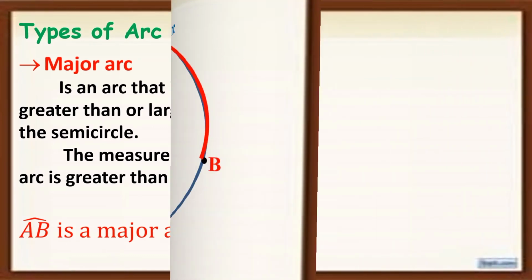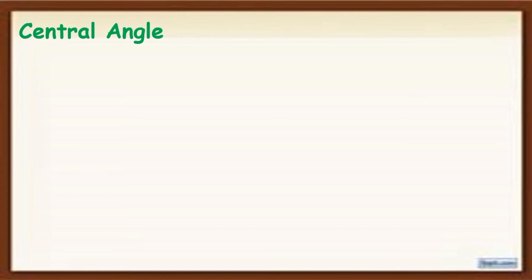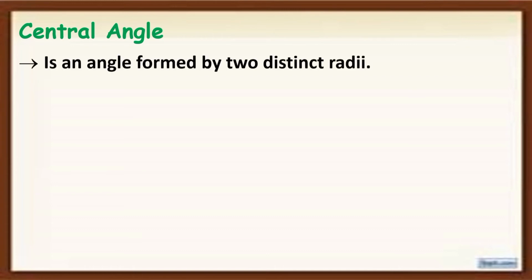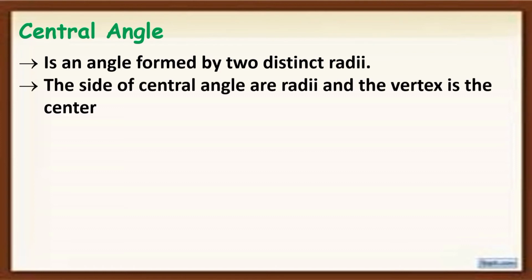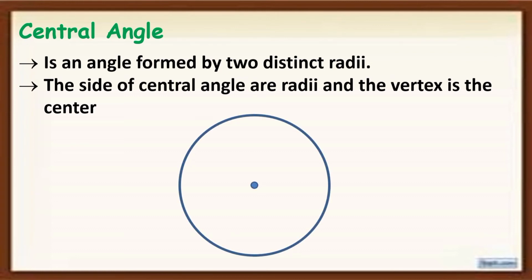Now let's proceed to the central angle. A central angle is an angle formed by two distinct radii. The sides of a central angle are radii and the vertex is the center. For example, I have here a circle and I'm going to name it circle O. I have a point A on the circle and point B is also on the circle. If you connect point A and point O, you will form a radius. And if you connect point B and point O, you will also form a radius.